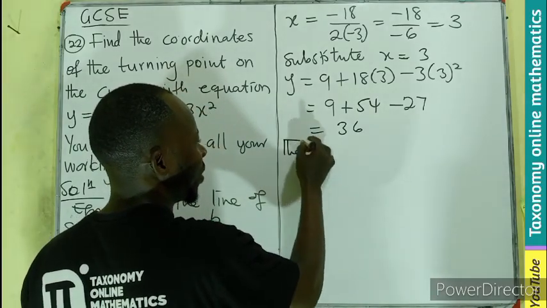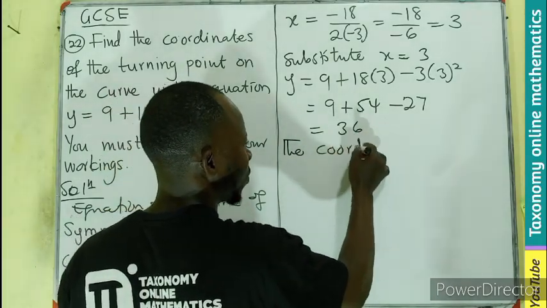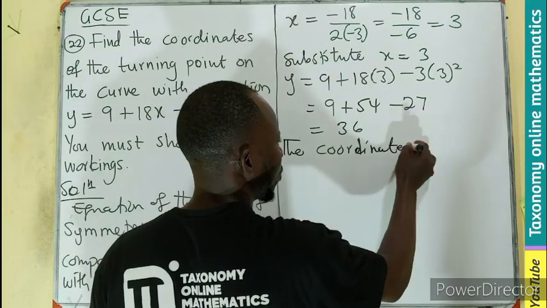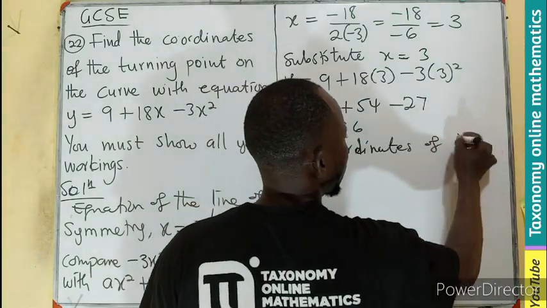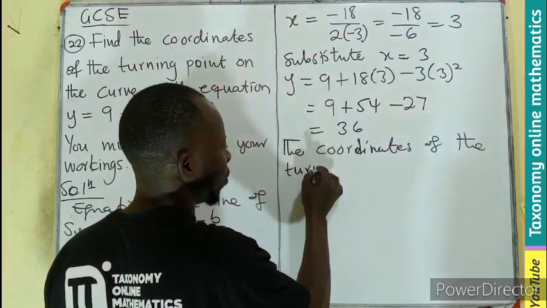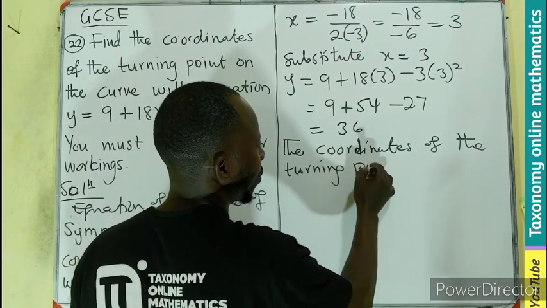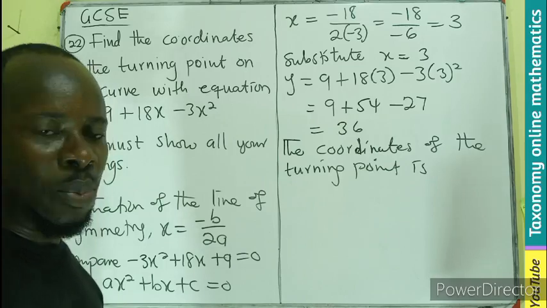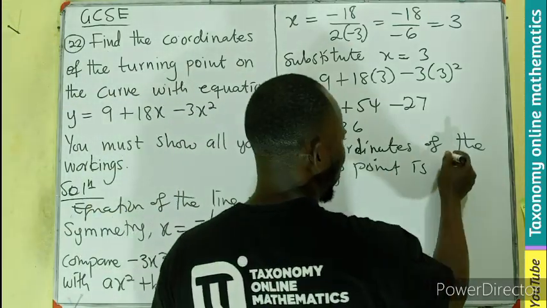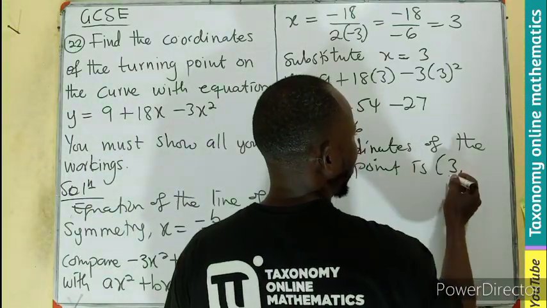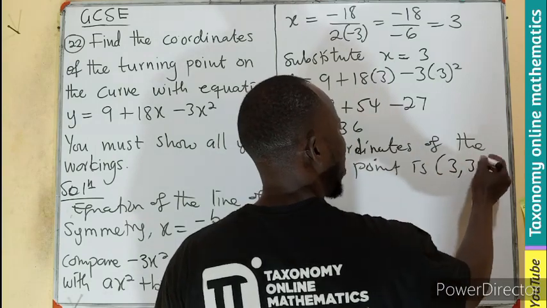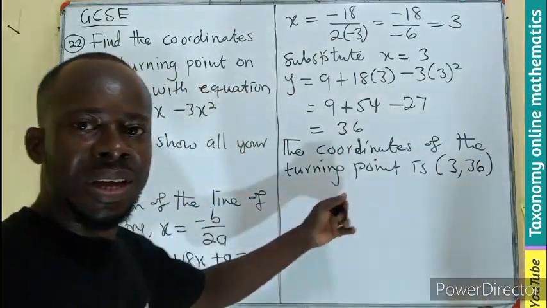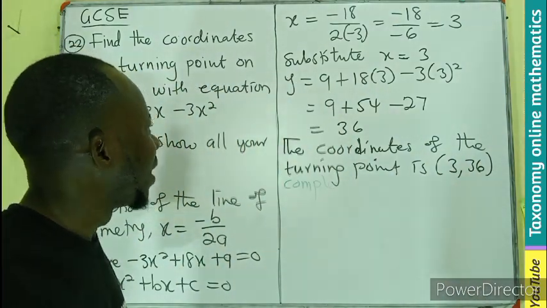So the coordinate of the turning point: we have the x value, which is 3, and the y value, which is 36. So that is the turning point.